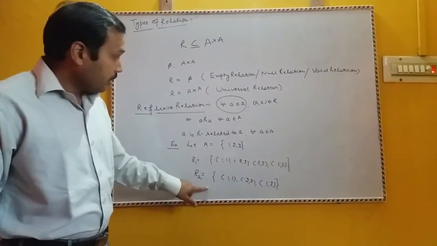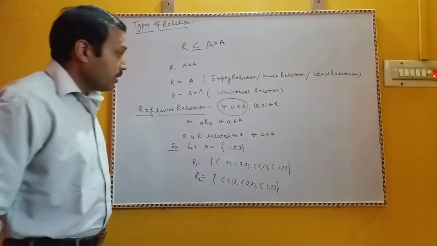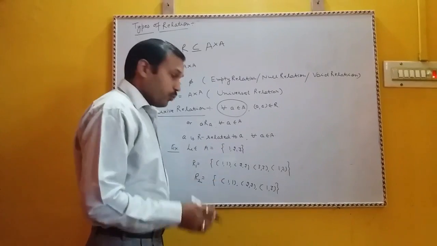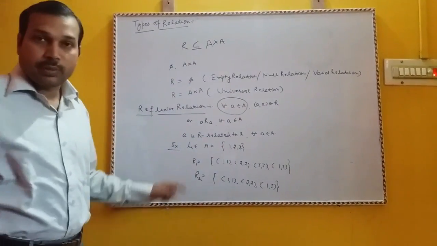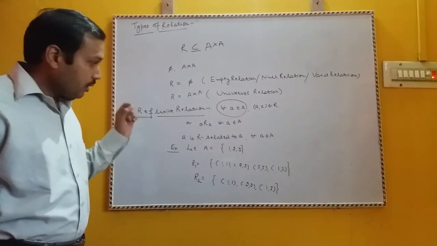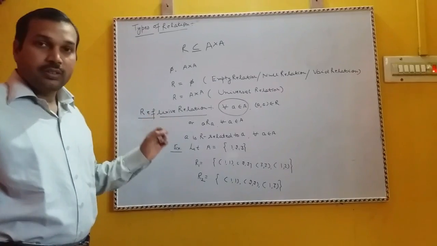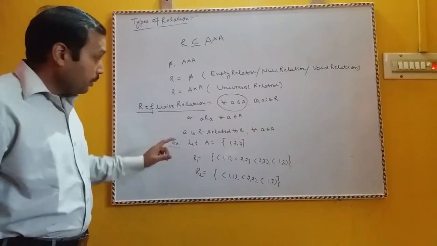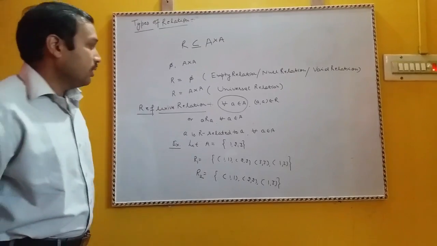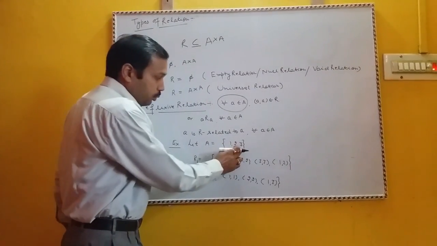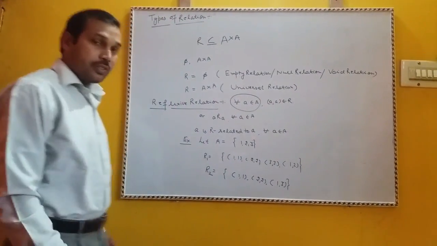So whenever we say a relation R is not reflexive, it means at least one element of A does not have a mirror image. कम से कम एक एलिमेंट ऐसा होगा A का जिसकी मिरर इमेज नहीं होगी, तभी वो रिलेशन रिफ्लेक्सिव नहीं कहलाएगी। अदरवाइज सारे एलिमेंट्स की इमेज आपको मिल रही है सेम, तो वो कहलाएगी रिफ्लेक्सिव रिलेशन.